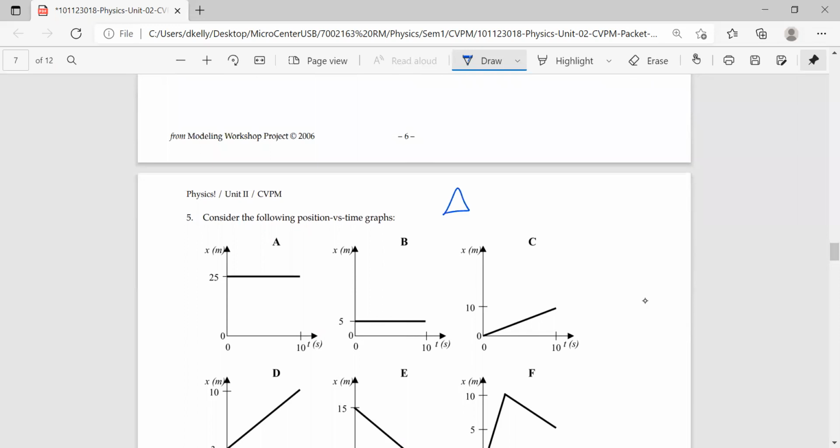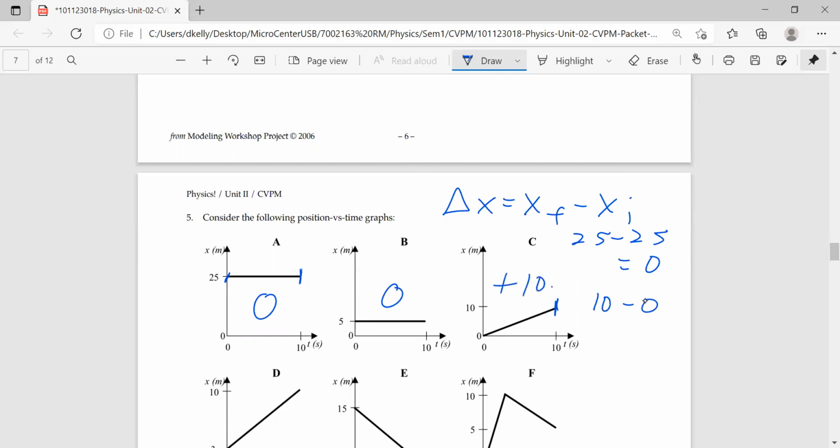So in graph A, we can see the definition of displacement, delta x, the definition equation for displacement. The final position here is the same as the initial. We say 25 minus 25. No displacement, 0 there and 0 here, same logic. So why are we saying that this is final? Because time starts at 0 and then travels on, it moves forward. So as time moves forward, let's track where the final position is. In this case, it's 10. In this case, it's 0 for the initial. So we say 10 minus 0 and plus 10.